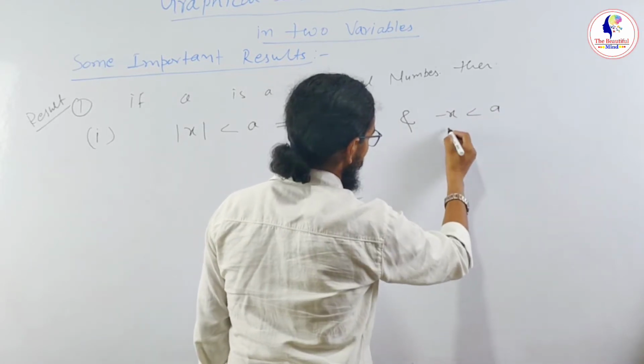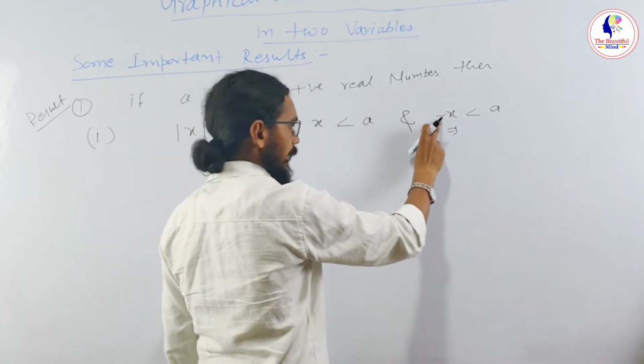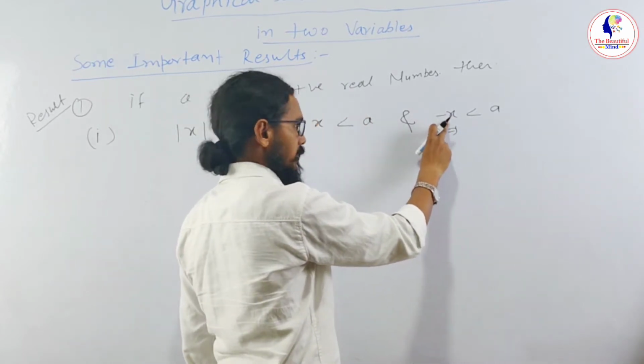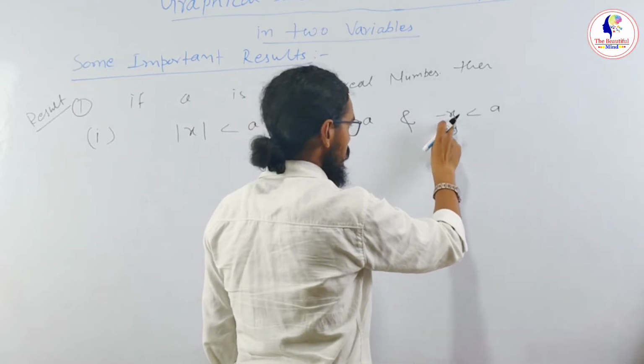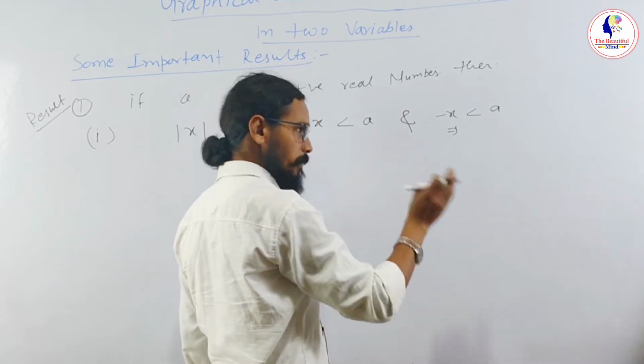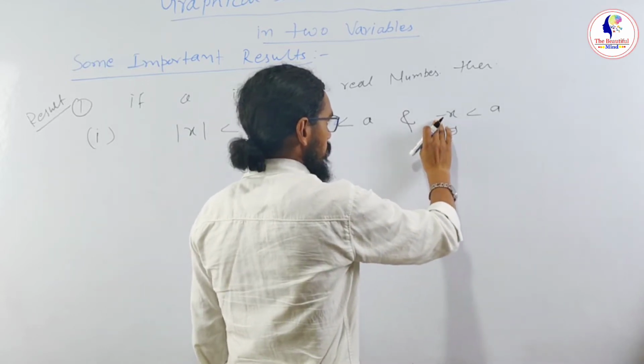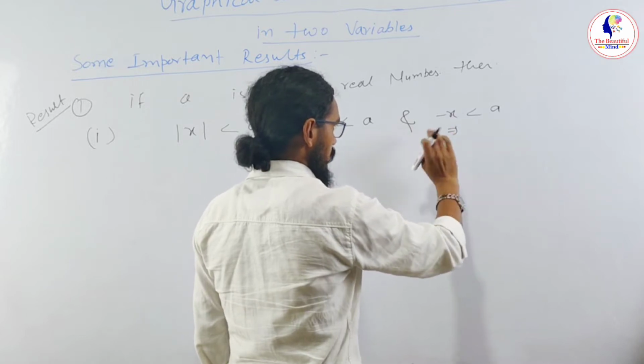This implies that we have to remove the minus from here, so we multiply by minus on both sides.